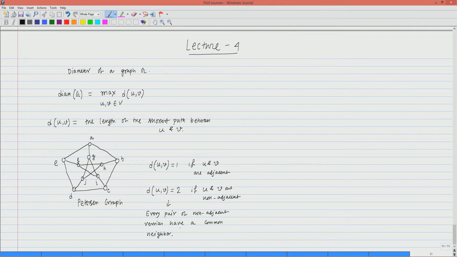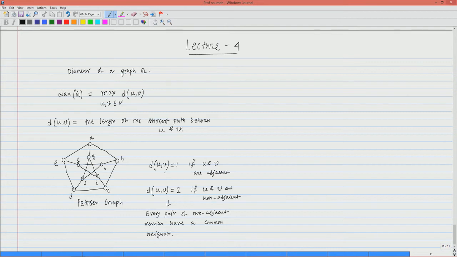What I mean by neighbor is this: the neighbors of vertex A are E, G and B. So, these are three neighbors of the vertex A. If you take any two non-adjacent vertices, for example, D and A, they have a common neighbor. That is why the distance between two non-adjacent vertices is 2.